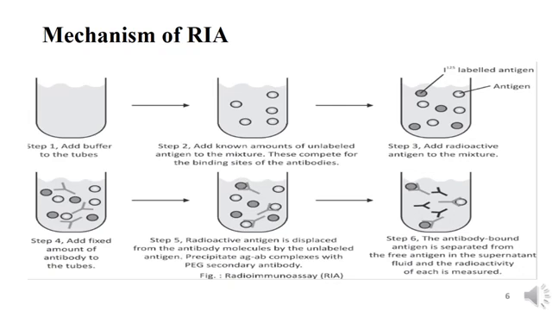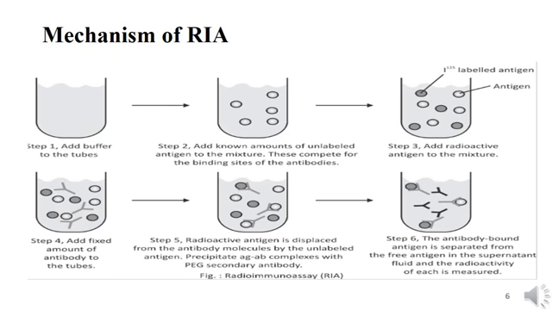Mechanism of radioimmunoassay. There are many steps. Step 1: add the buffer to the tube. Step 2: add a known amount of unlabeled antigen to the mixture. These compete for the binding site of antibodies. Step 3: add the radioactive antigen to the mixture. Here we use iodine-125 as the labeled antigen, a radioisotope.